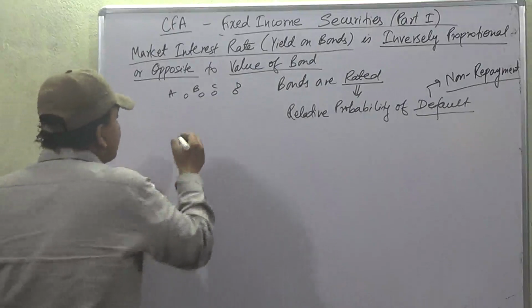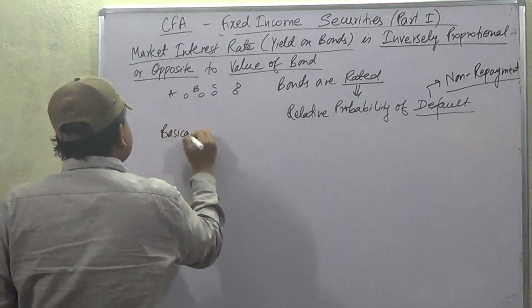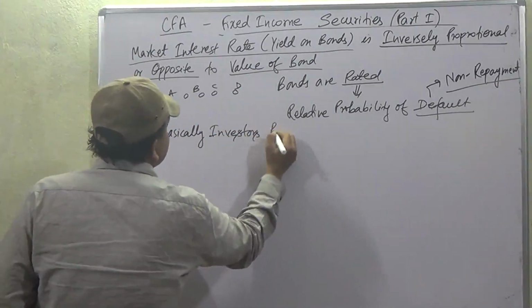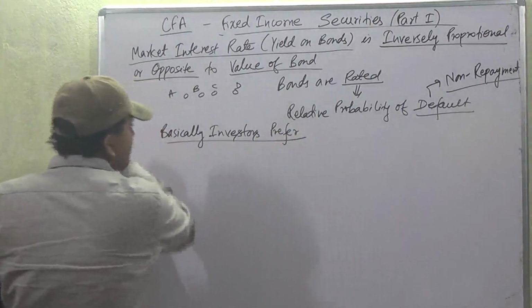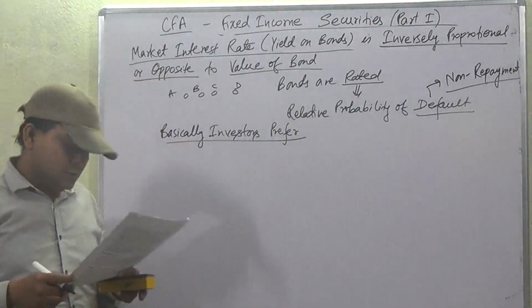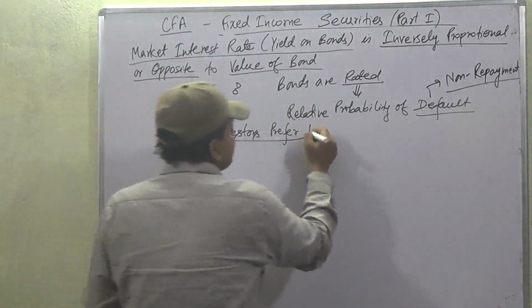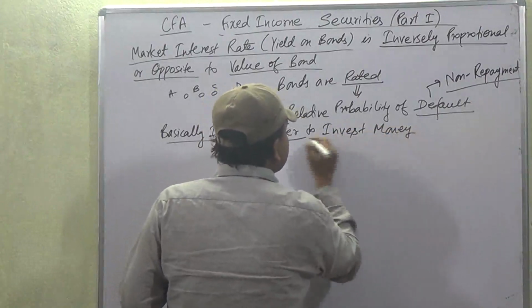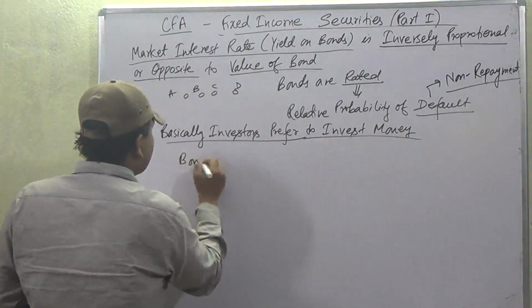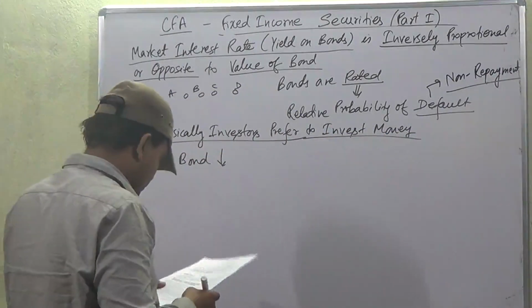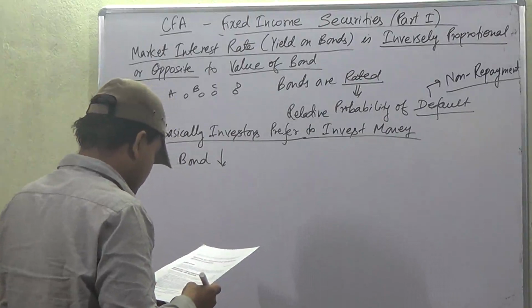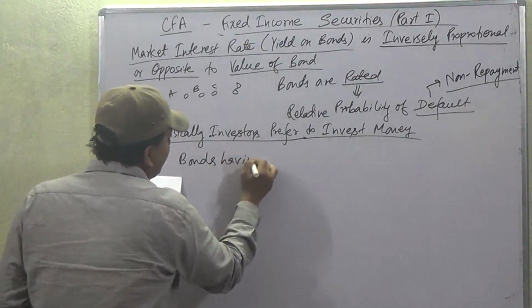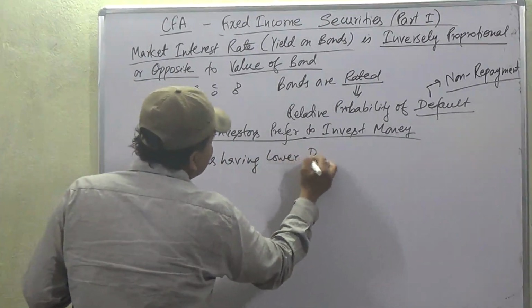Basically, investors prefer to invest money in bonds which have a lower default probability.